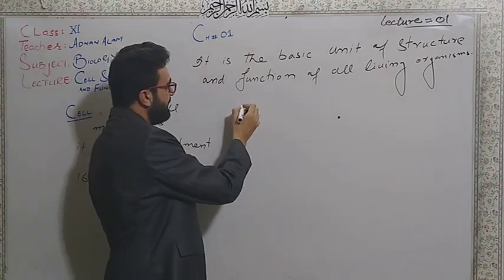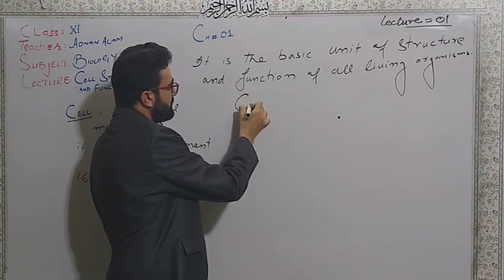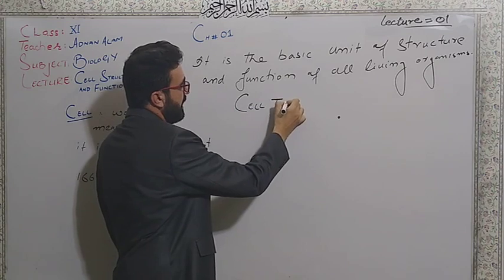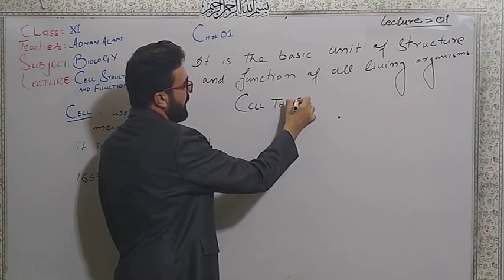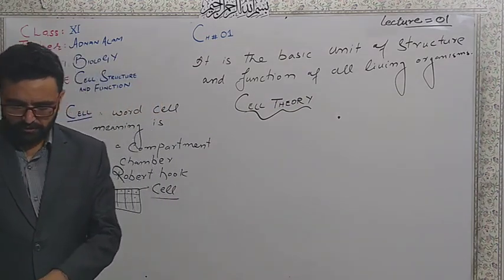In the mid 19th century, the most popular cell theory was developed by Schleiden and Schwann, and the main points of the cell theory I want to write here.